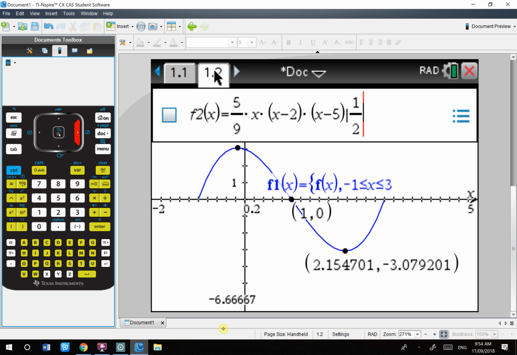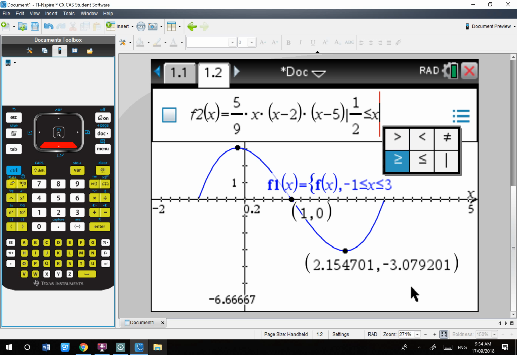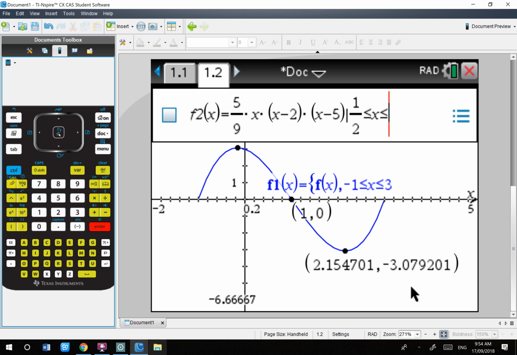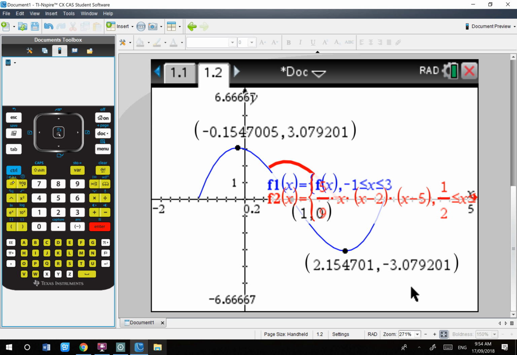And then Control equal again. Have the smaller-equals-to x sign, and have 2 as the upper bound. Okay, so restrict the domain. Press enter. Okay, see a red curve.